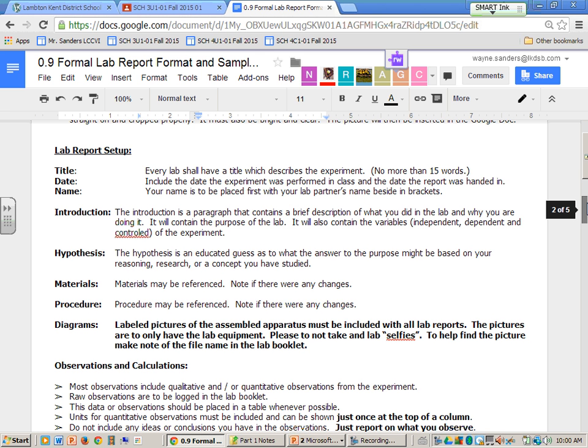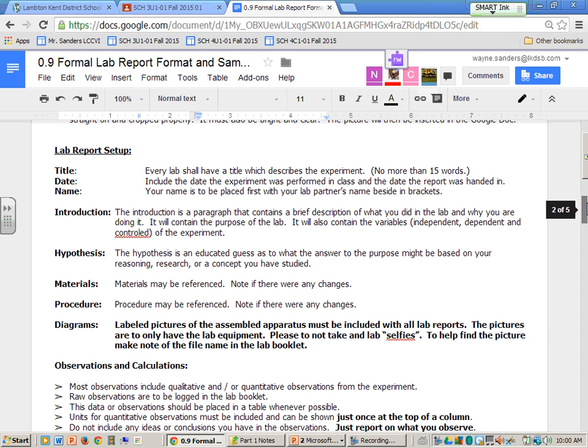The purpose must be in the introduction paragraph. Where you put it, that's up to you. But in the introduction paragraph, you will write me a brief description of what you did in the lab and why you're doing it. So this is not simply copying the procedure, but giving me a very short synopsis of what you did in the procedure in order to fulfill the purpose.